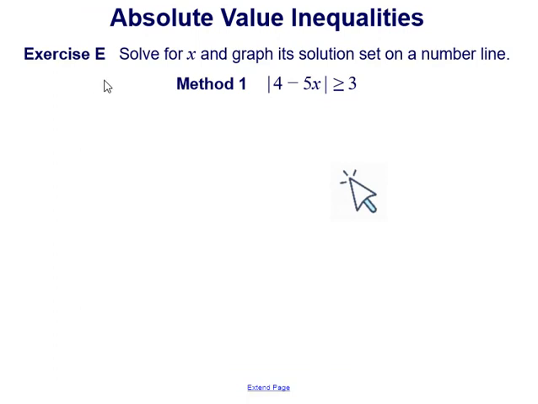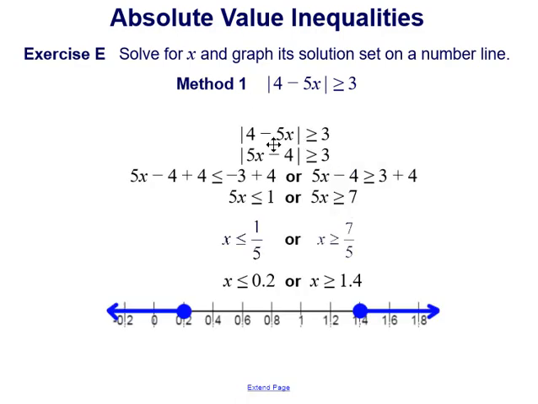Here's another example where we have the absolute value of 4 minus 5x is greater than or equal to 3. So greater than, it's going to be an or compound inequality, but the first method is just rewriting 4 minus 5x as 5x minus 4 using that absolute value property, and then splitting into our or situation and trying to solve.